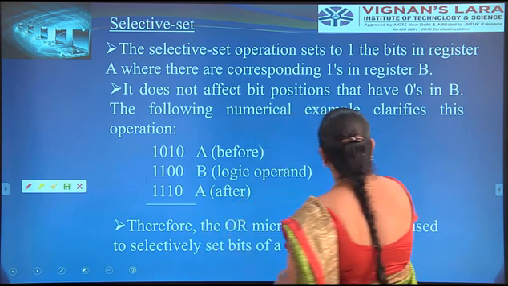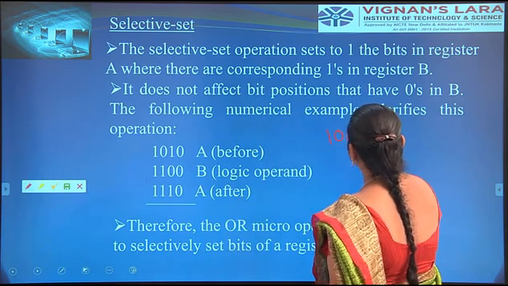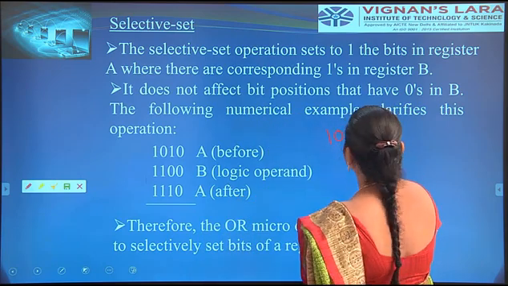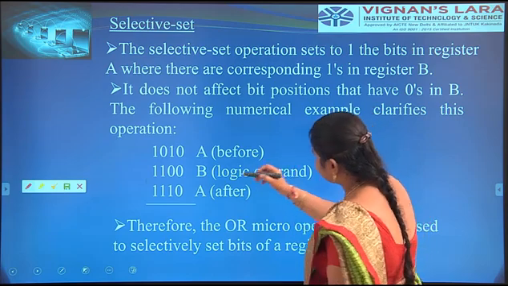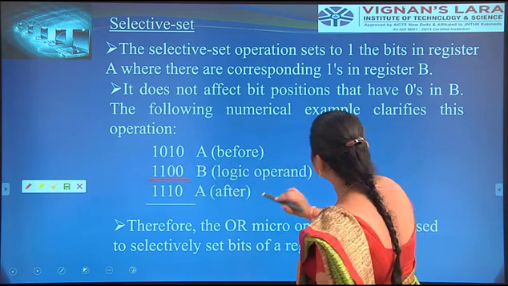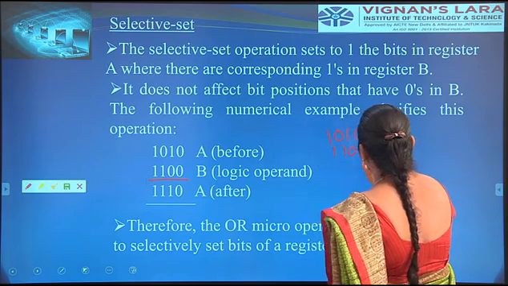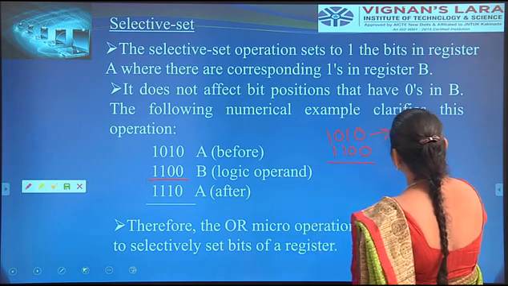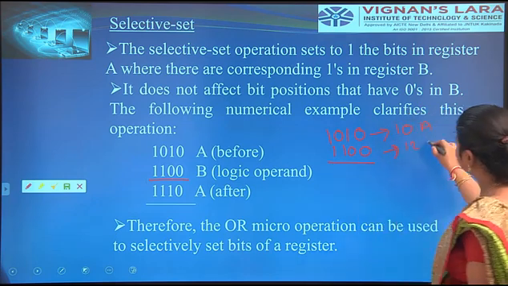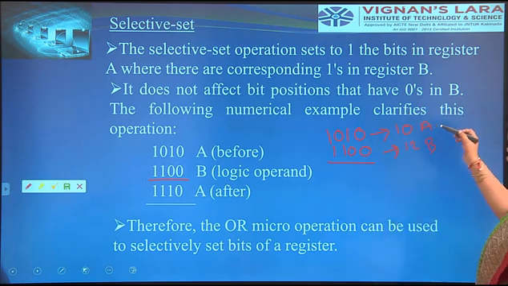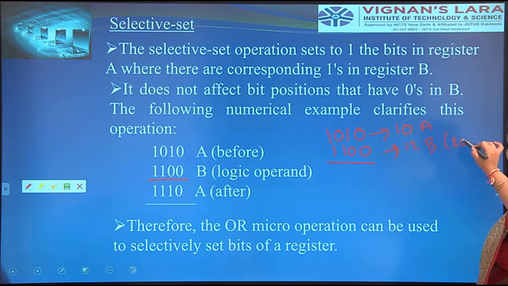Here we take A as 10. This is 10, this is 12, the A and B values. This is the before A, and this is the logic operand.